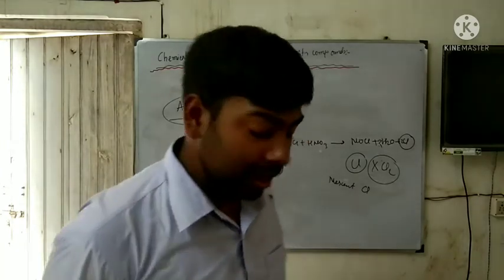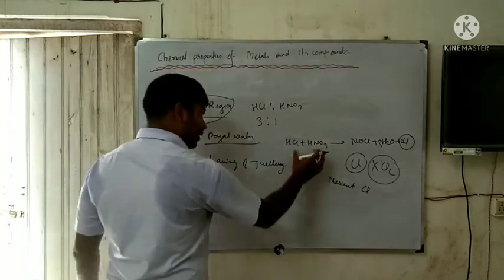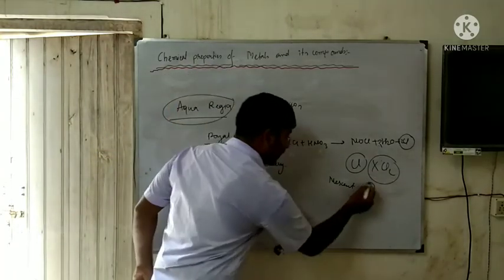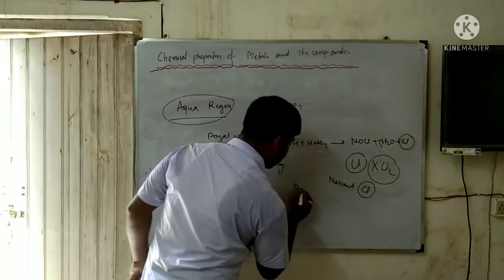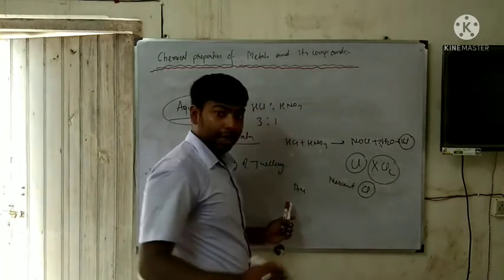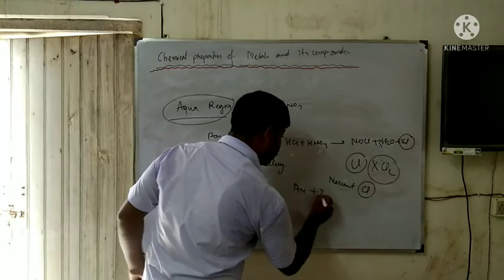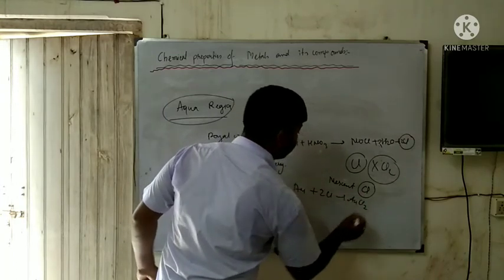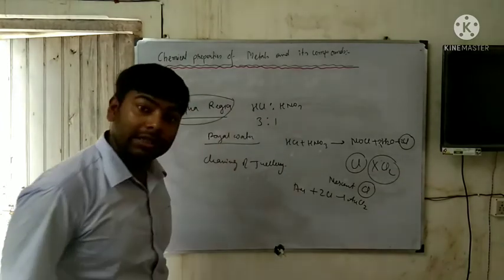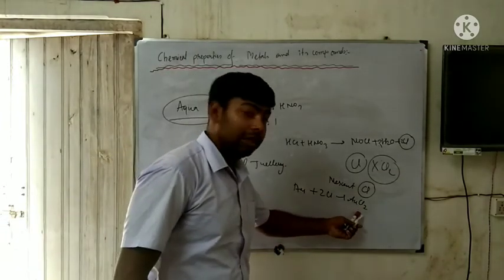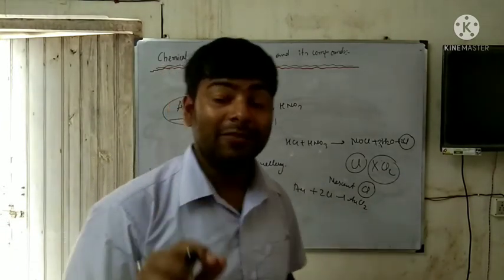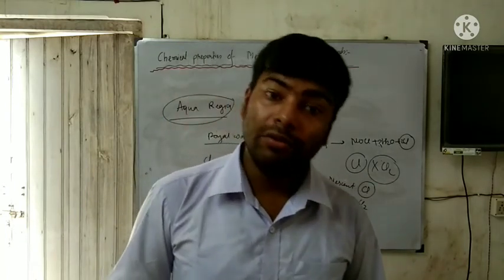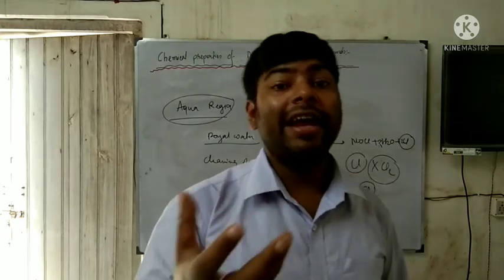This nascent chlorine is very reactive in nature. So whenever it is used to clean our gold jewelry, the gold jewelry, Au, reacts and forms AuCl2. This AuCl2 initially has a very shiny character, but after 5 or 10 years of use, it becomes a little bit faded.